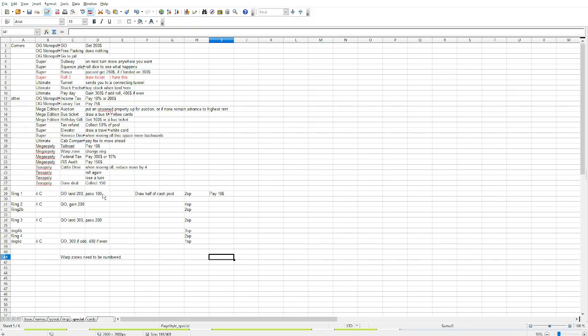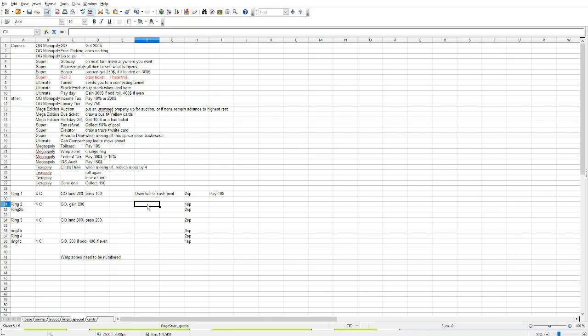Hmm. I think I will actually have go to jail spaces on the spokes. I haven't decided where yet. But having go to jail spaces on ring corners does actually make sense. So yeah, I'll have go to jail here.